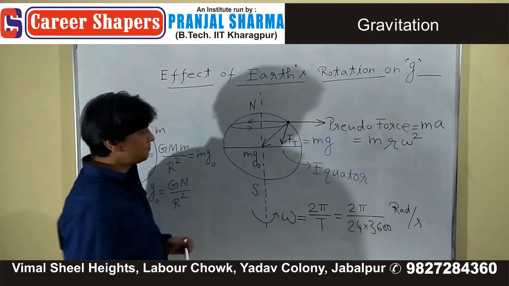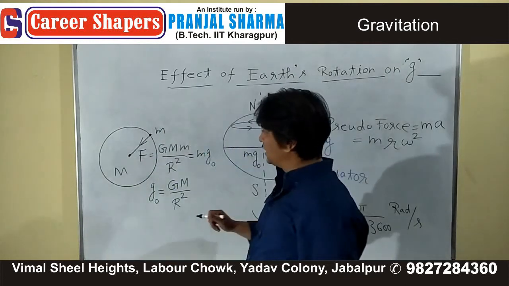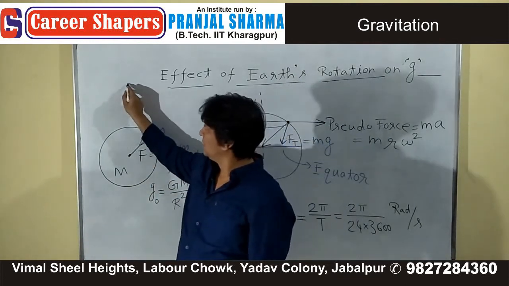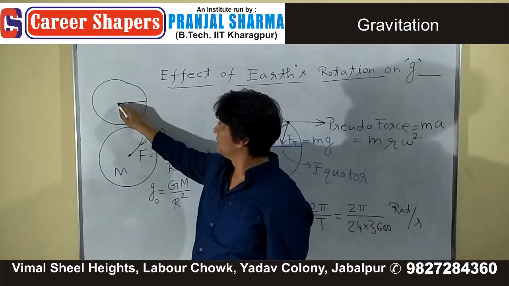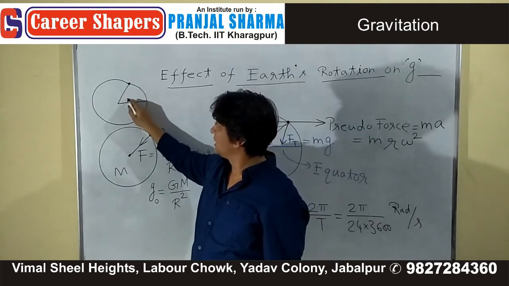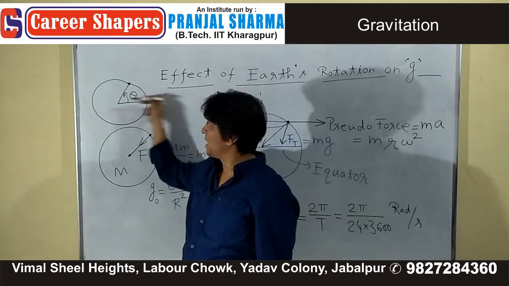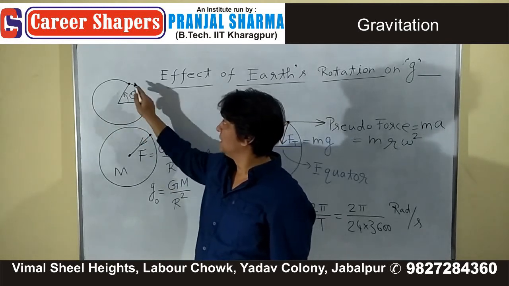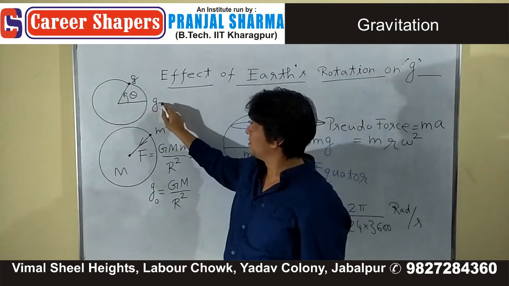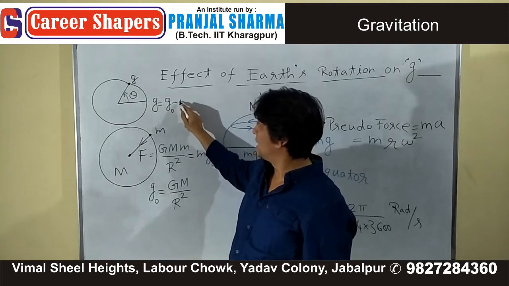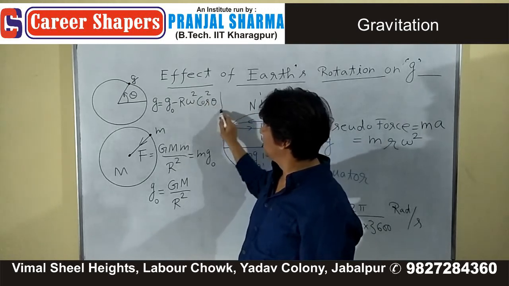Now, if this point on the surface of Earth is at an angular position theta from the equator, then the gravitational field G at this point is given by G naught minus R omega square cos square theta.